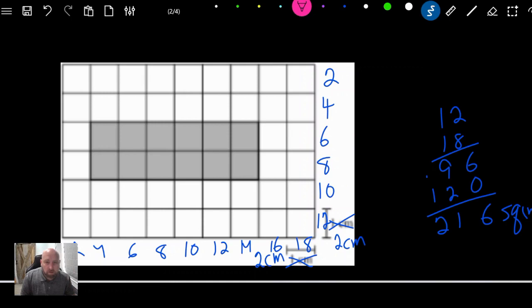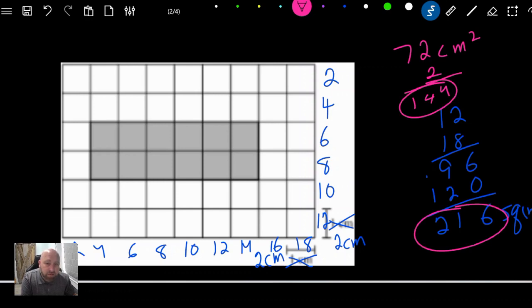Okay, now going back to our original, we said that this was 72 centimeters squared when we did it the first time, right? Now I want you to see something. I can't just take my 72 and say, oh, that's times 2 because these are 2 instead of 1 now. Because if I do that, I'm going to get 144 centimeters squared, and this is 216.